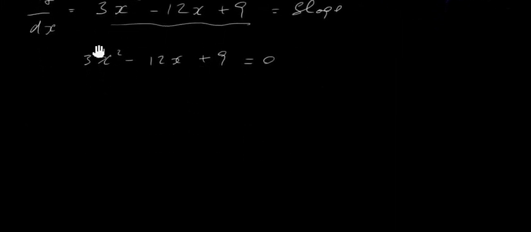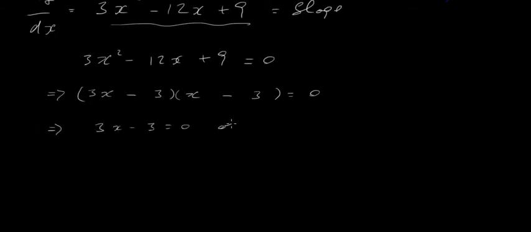So let's just do that. We need to solve this quadratic equation. I'll do this the normal way. There are a number of ways of doing it, but this should work out for me. I think it's 3 by 3, minus times minus. So that will give me 3x minus 3 equal to 0, or x minus 3 equal to 0. Let me see, do I have that right? 3 3s are 9, 10, and 12.